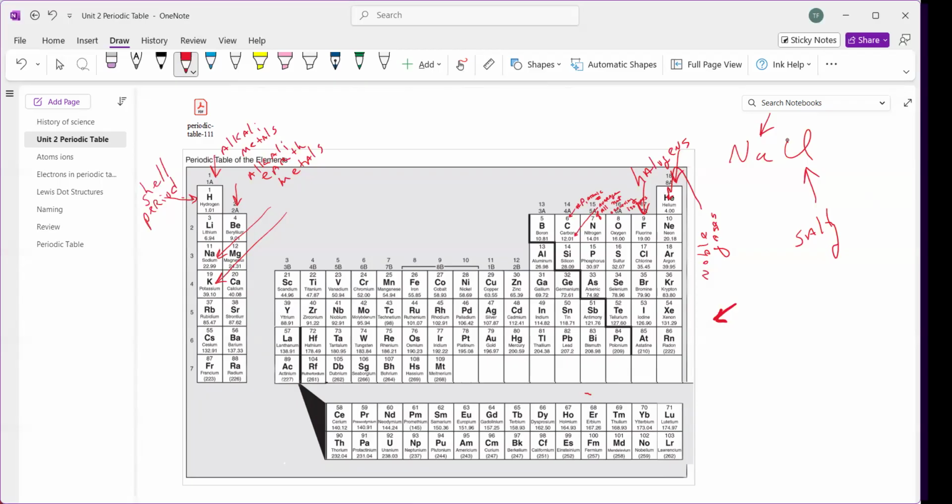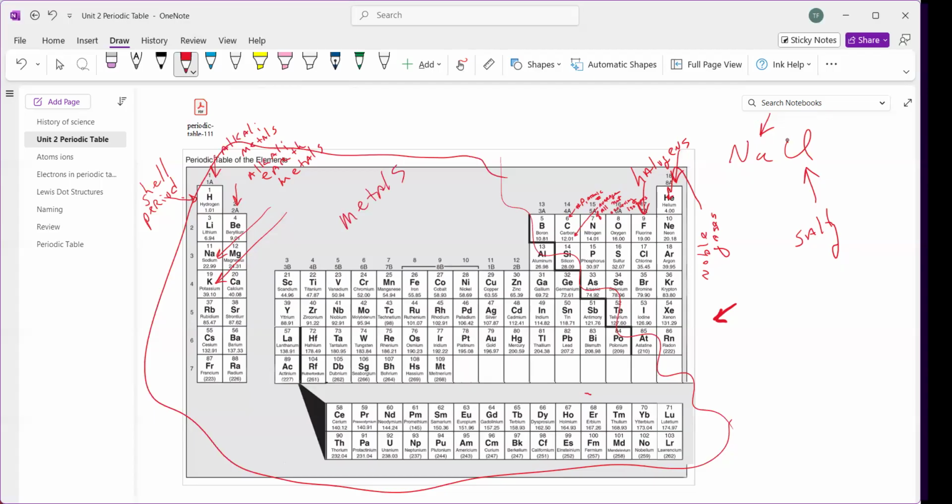Now there are certain characteristics of the elements within the periodic table. And they're kind of divided along this black squiggly line. Okay, to the left of the black squiggly line are called metals. To the right of the squiggly line are called, guess what? Non-metals.